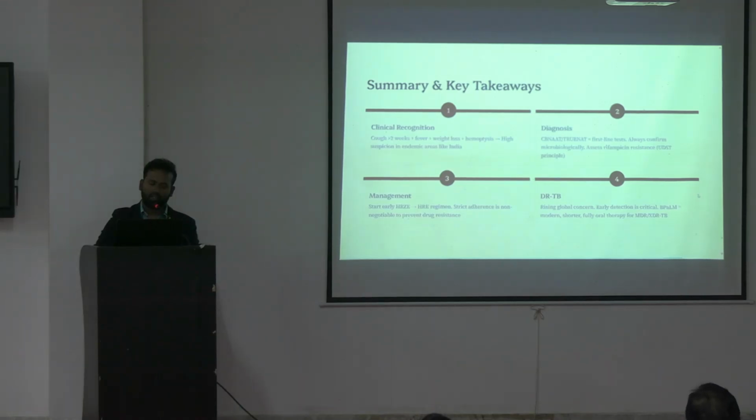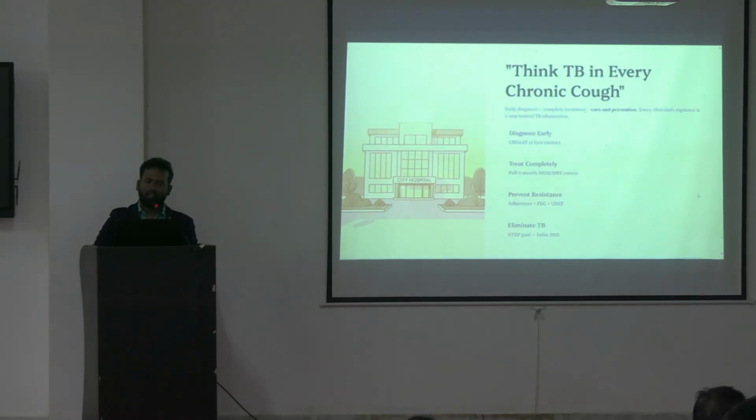Strict adherence is non-negotiable to prevent drug resistance. There is a rising global concern for drug resistant TB, and we should be aware of that. So think TB in every chronic cough. This is the message. Thank you.